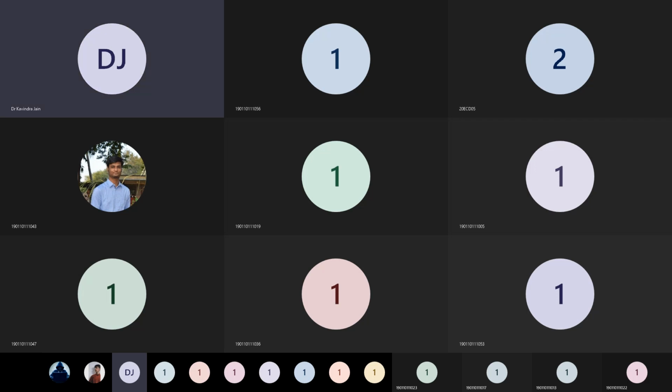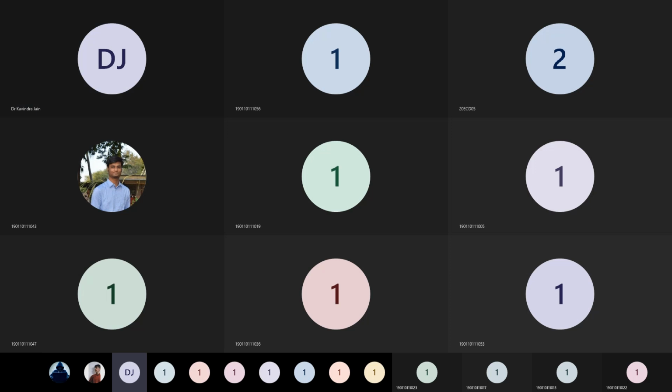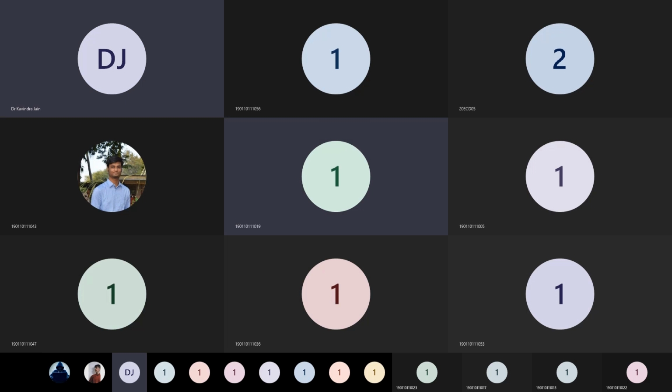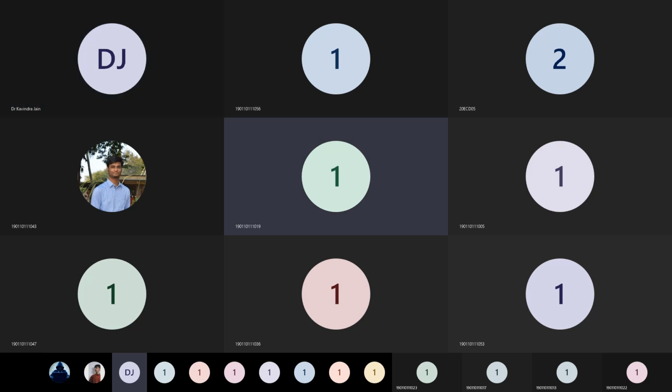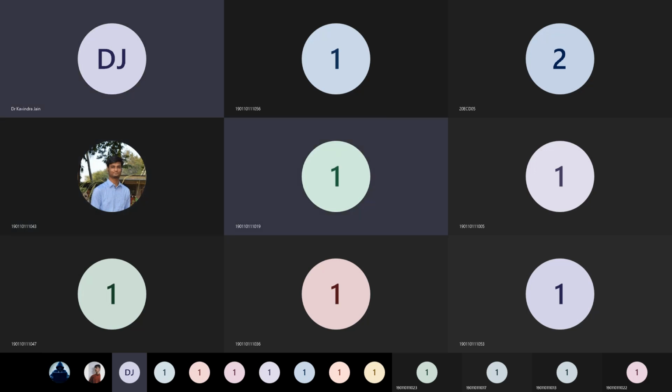For F is equal to 100, gain is 1.99 and magnitude is 5.97. Correct.